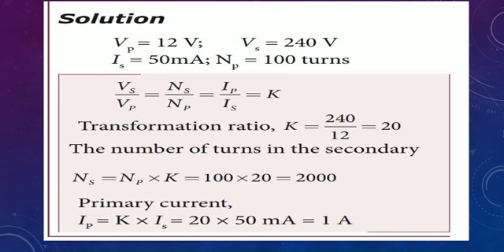Right. So the transformer topic is over. Based on the transformer losses and the power losses, two problems are over. Okay students, up to this, half of the lesson is over, and the remaining half is alternating current.